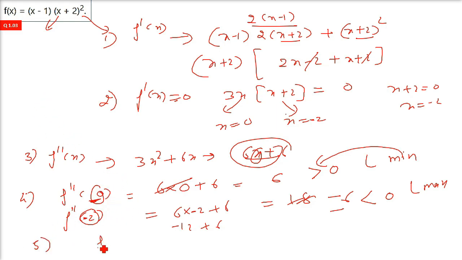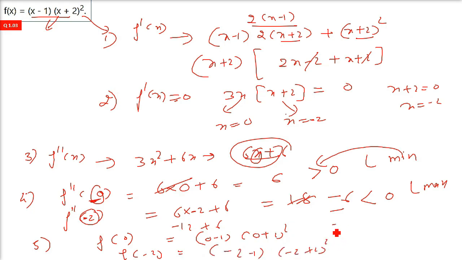The fifth step is to take these critical points and place them in the original equation. f(0) is (0 - 1)(0 + 2)². 2 squared is 4, and negative 1 is already there, so it will be negative 4. f(-2) is (-2 - 1)(-2 + 2)². Negative 2 plus 2 is 0, and anything multiplied by 0 is 0. So f(0) is negative 4 and f(-2) is 0.